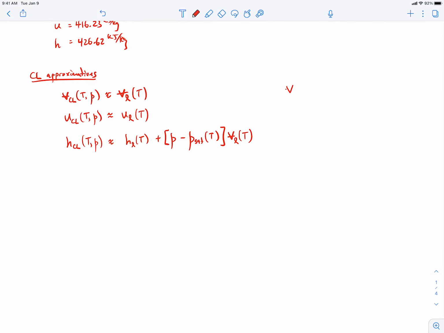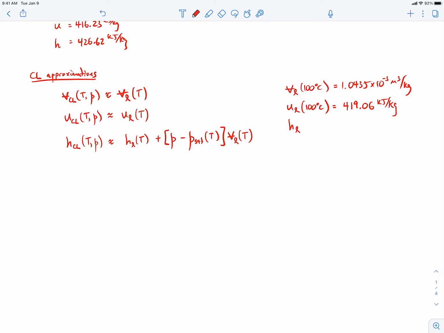So the saturated liquid specific volume at 100 degrees C is 1.0435 times 10 to the minus 3 cubic meters per kilogram. The saturated liquid specific internal energy at 100 degrees Celsius is 419.06 kilojoules per kilogram.